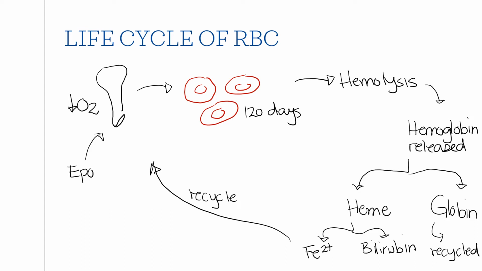Also, remember, we're able to store, right? And so iron can also go into the liver, where it's going to be stored as ferritin, or if you look at your notes, there's also something called hemosiderin.